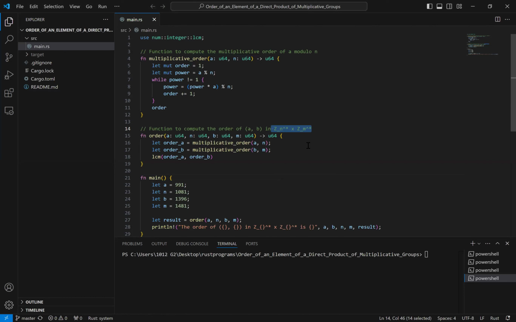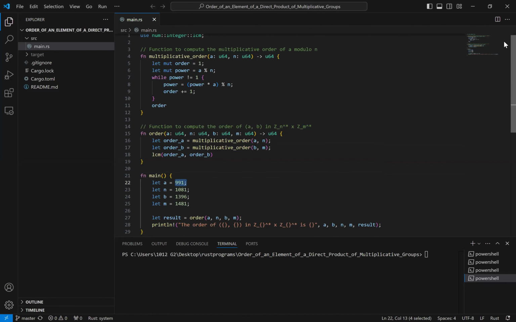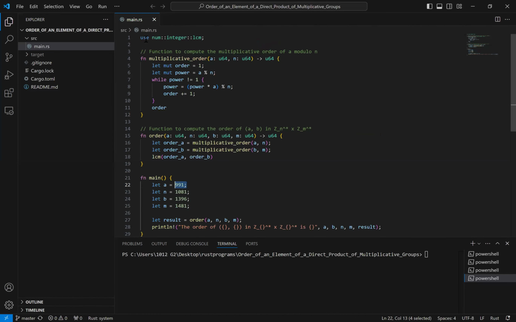You can see where I have highlighted. It is Zn star cross Zm star. So that means this element 991, but for this group, I think I've used a bigger unit. Oh, yes. So this will assist us to handle even bigger numbers.